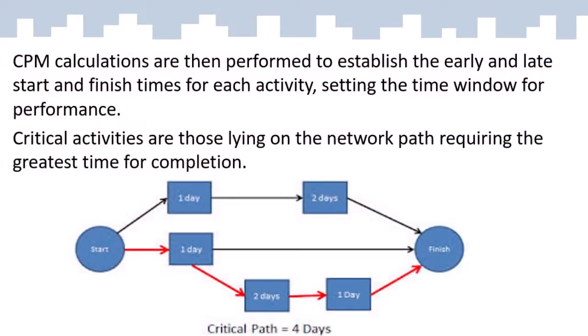So critical path calculations are then performed to establish the early and late start times for each activity, setting the window for performance. Critical activities are those lying on the network path requiring the greatest time of completion. So basically what we're saying is that if I went this way first and went to task whatever this is, and did 1 day, 2 days, then finish 3 days, when I've got basically 4 days down here, it's impossible to complete that in planning.